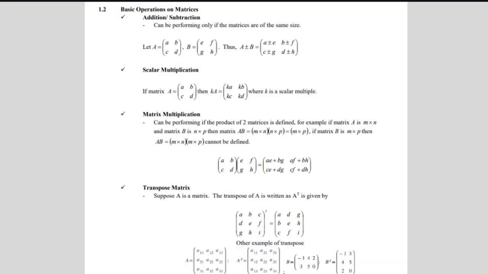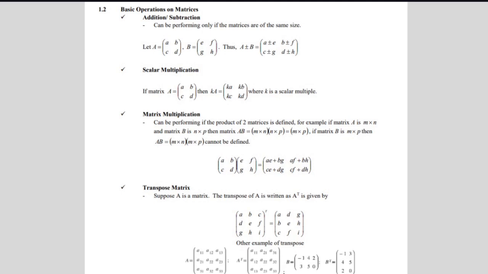Next, the matrix also has basic operations that we can apply. Firstly, addition or subtraction. It can only be plus or minus with the same size of matrix. Second, we have scalar multiplication, where there is a scalar outside the matrix in the form of k times matrix A. So k will multiply all the elements in the matrix.